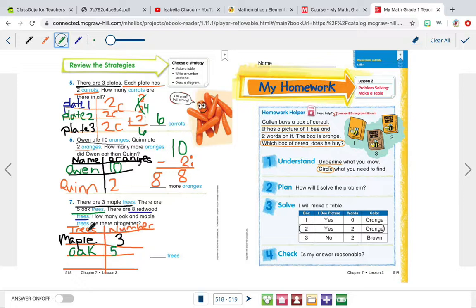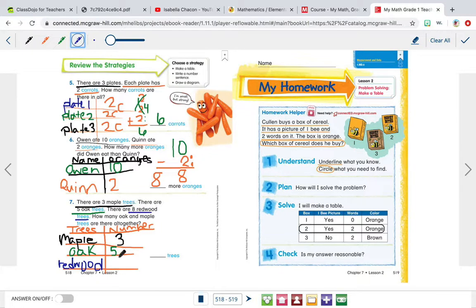So we see that there are 3 maple trees, 5 oak trees, and how many redwood trees? So we're going to write redwood, R-E-D-W-O-O-D.